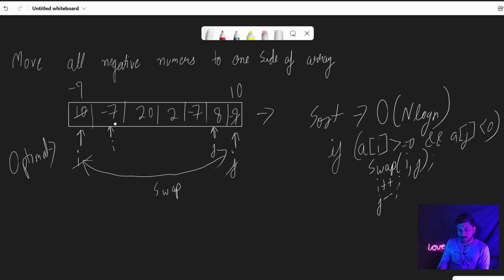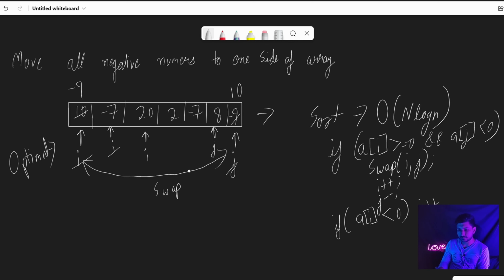Now we can see that the condition is not meeting, so let's look at another condition: if A of I is less than 0, then you just have to do I plus plus. This is the second condition, and here you can see it is already negative, so you just do I plus plus.